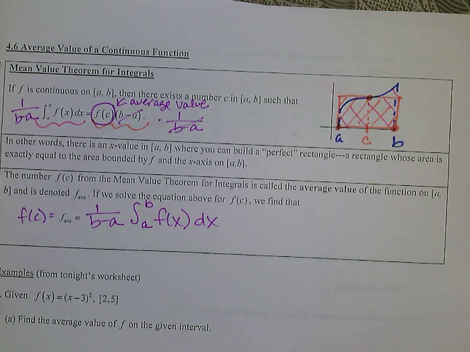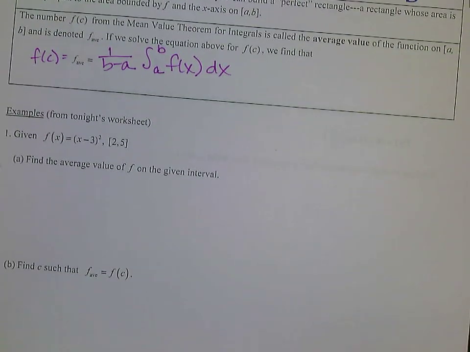Okay, let's look at an example. Let's say f of x equals x minus 3 squared, and we're looking at that function on the closed interval from 2 to 5. We want to find the average value of f on the given interval.